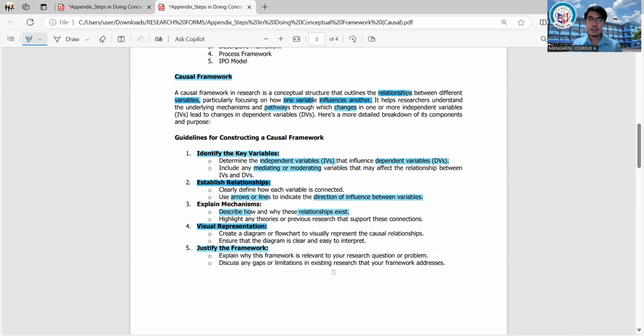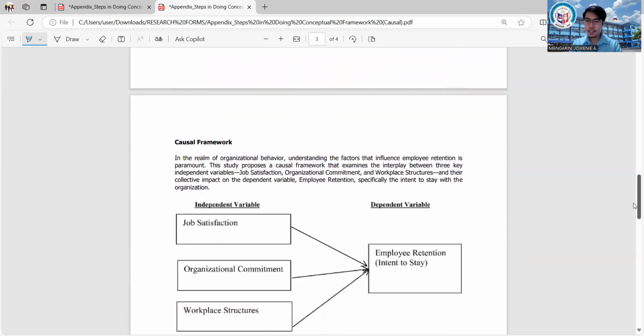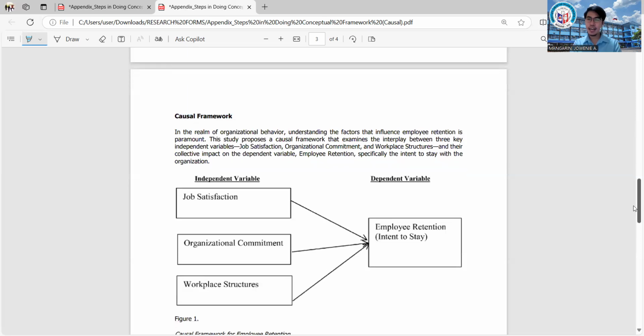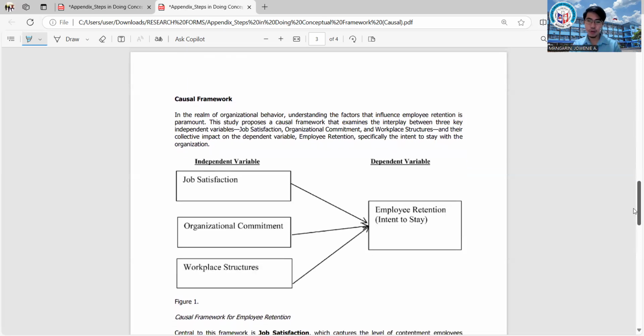Let's now talk about an example of this causal framework. Okay po. So dito tayo sa pinakaibaba. Kung mapapansin nyo dito, meron tayong narrative, meron din tayong picture or illustration, figure. Let's try to process ano ba yung nilalaman nito. Number 1, don't forget the name, the causal framework.